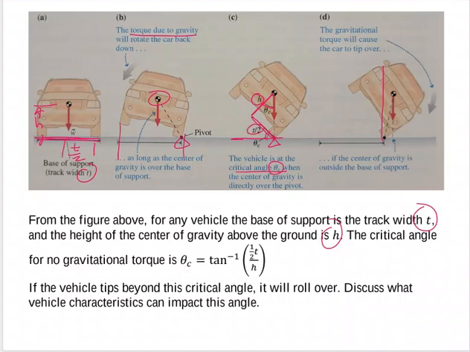So we'll use inverse tangent, with T over 2 as the opposite over the adjacent, which is h. That's why we have one half T over h. It's written like that to remind you that it's half of the track width divided by the height of the center of gravity above the ground. You could simplify that; the one half would go into the bottom, and that would be T over 2h.